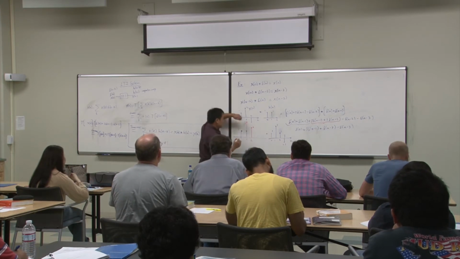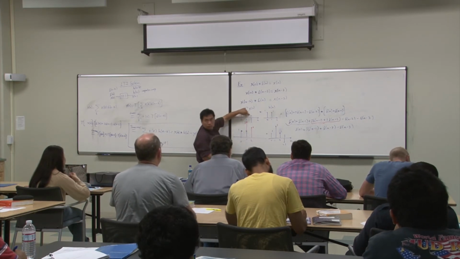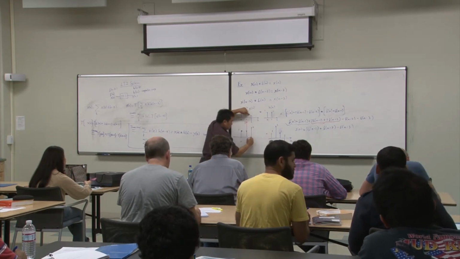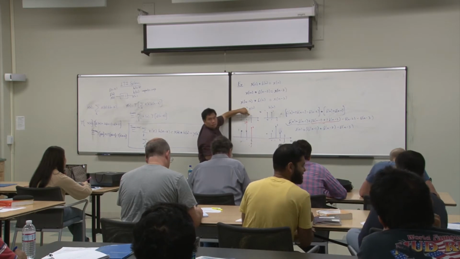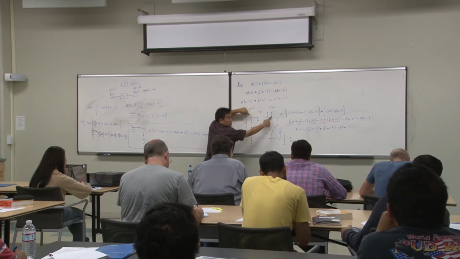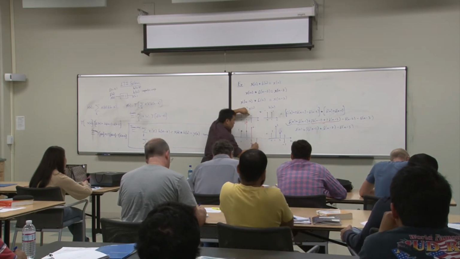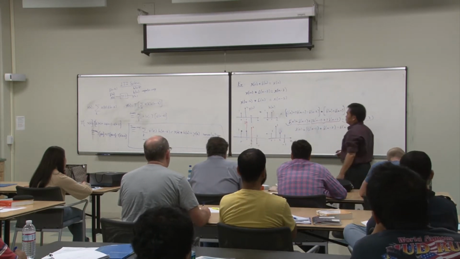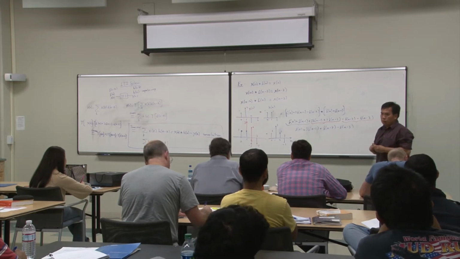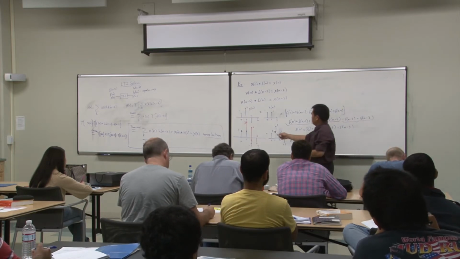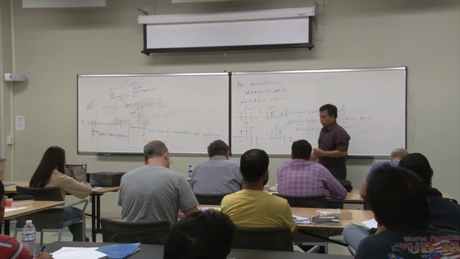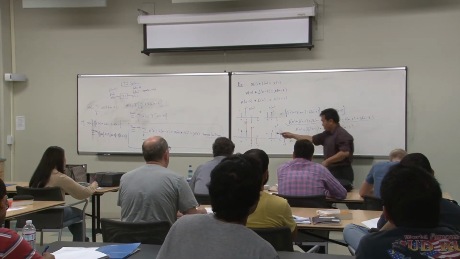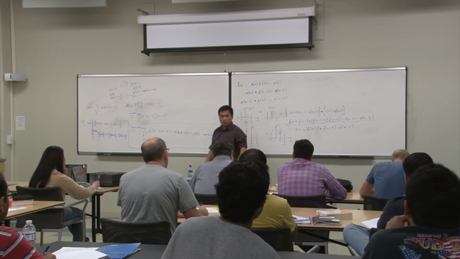Right here, center 2. What do I get here? Minus 1. This guy is minus 1. Sum together like that. So now the next thing I'm going to do is flip and shift. But any question on this?